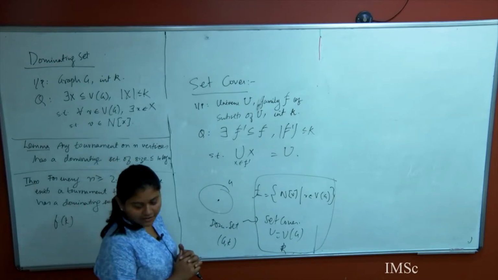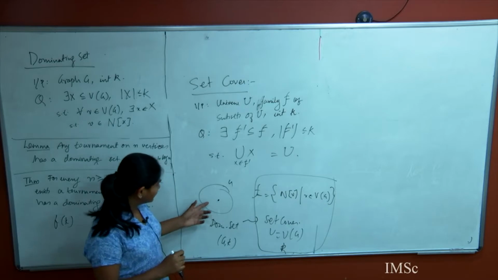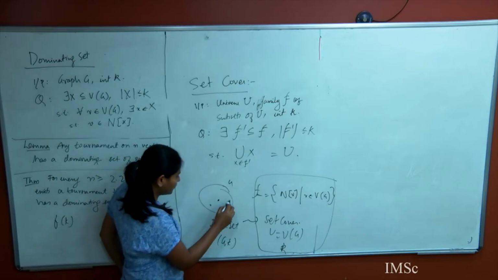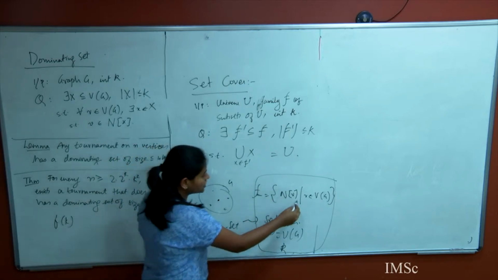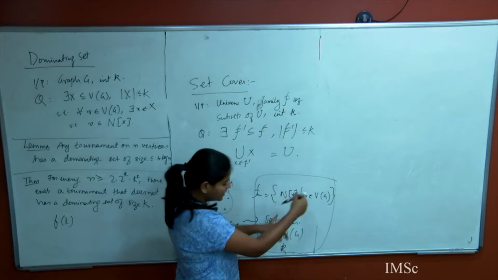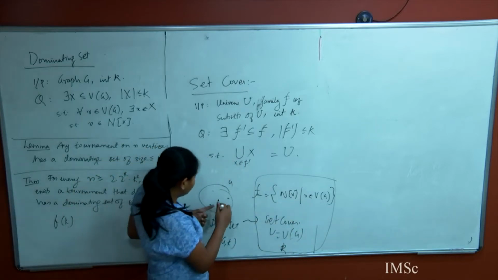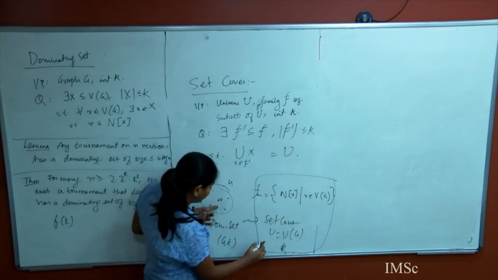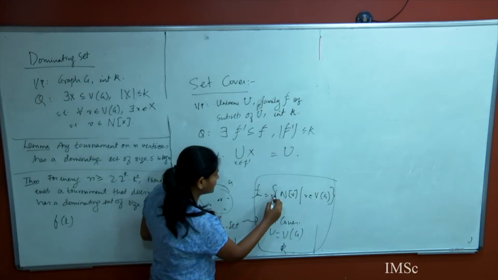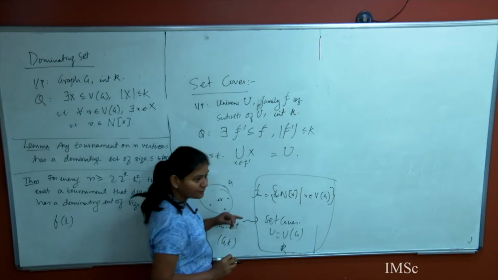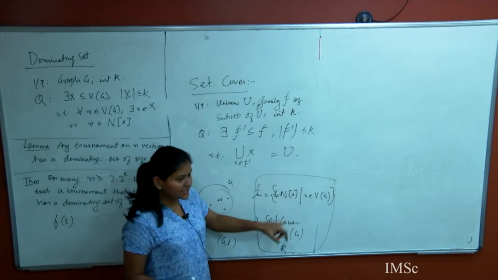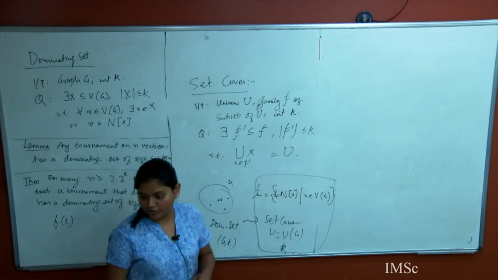The forward direction is clear. If you have a dominating set, then the closed neighborhoods will cover all the vertices, so it's a set cover. When you take a vertex v, you take the corresponding set, let us denote it by F_v. Take these sets, you have k sets which cover the whole universe.